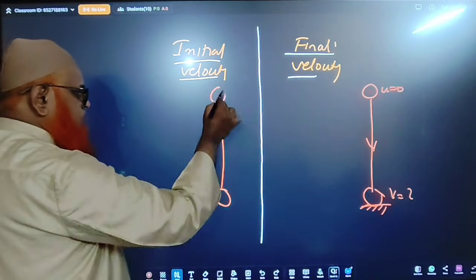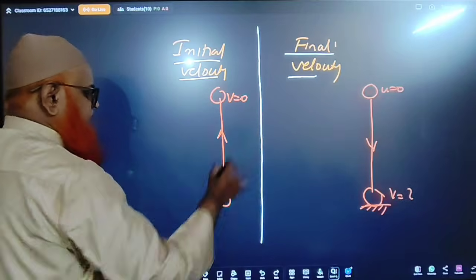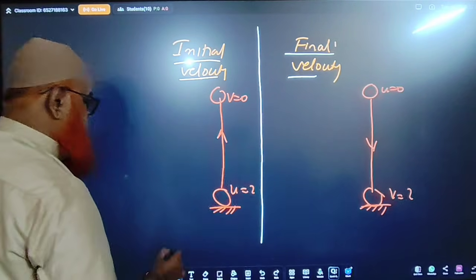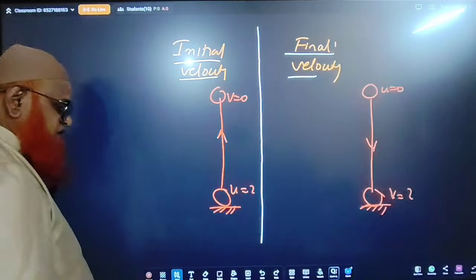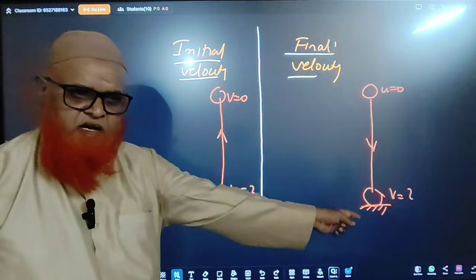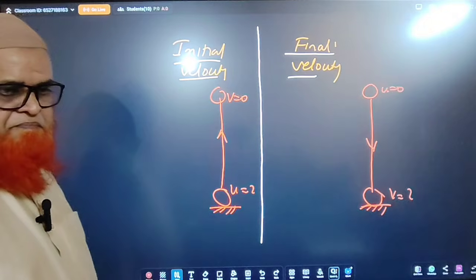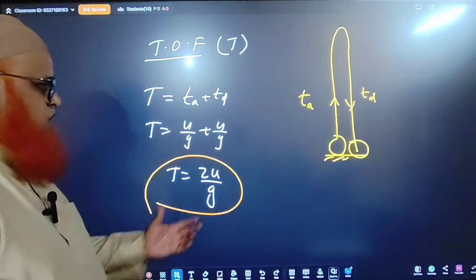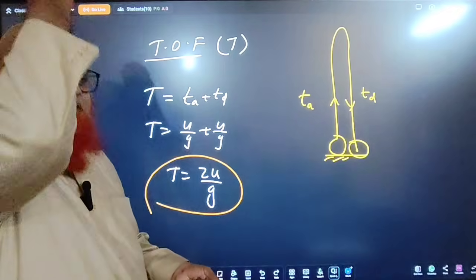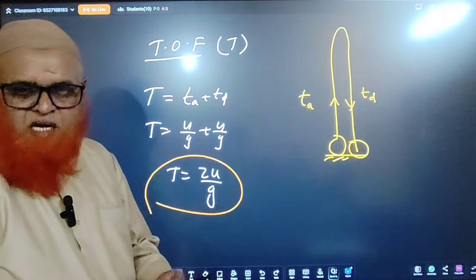When you throw a body, it goes and stops there. So with how much velocity you have projected a body upwards, you have to find out u, you have to find out v, both. In the previous case, you understood that the time it takes to reach the maximum height is the same time it takes to reach the ground.